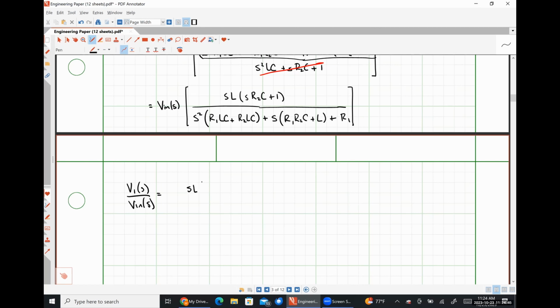So SL times (SR2C plus 1) divided by S squared R1. Let's lump these together. LC times (R1 plus R2) plus S times (R1 R2 C plus L) plus R1.